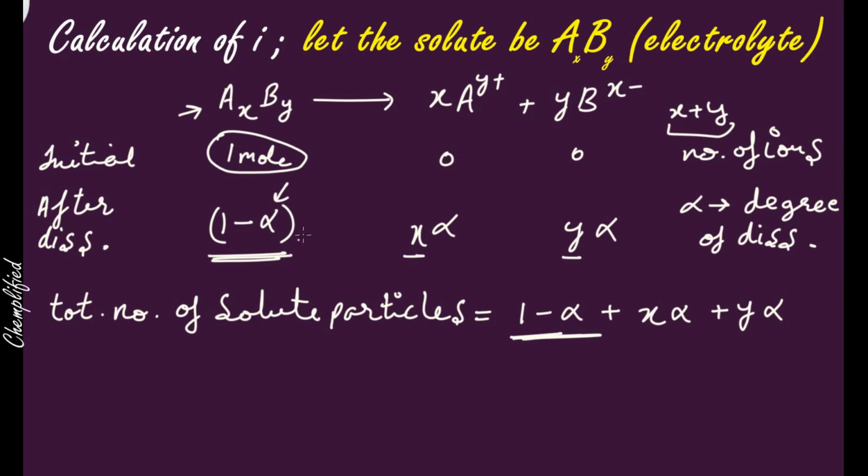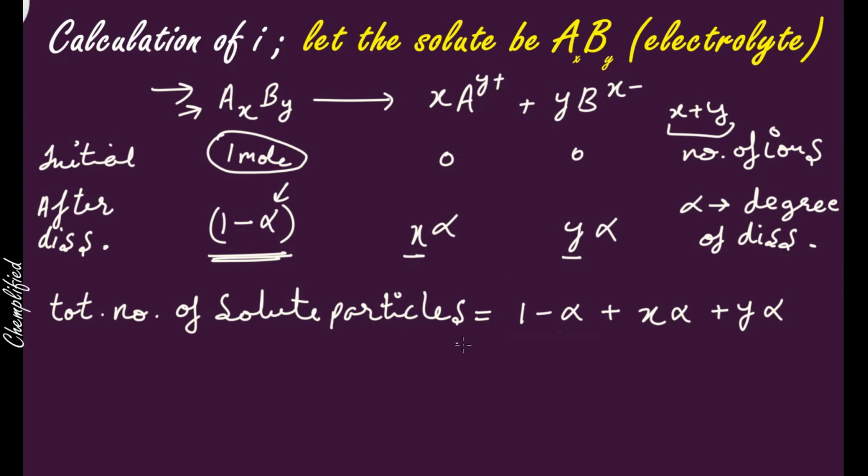The remaining is also present in the solution and will be considered as a solute. Even if it is not converted into ions, it is still present in the solution and will be considered as solute because AXBY is our solute. So that's why we have to consider 1 minus alpha in the equation.